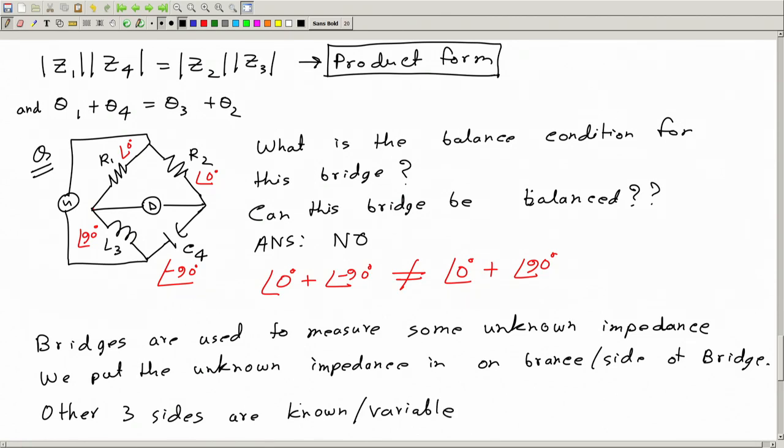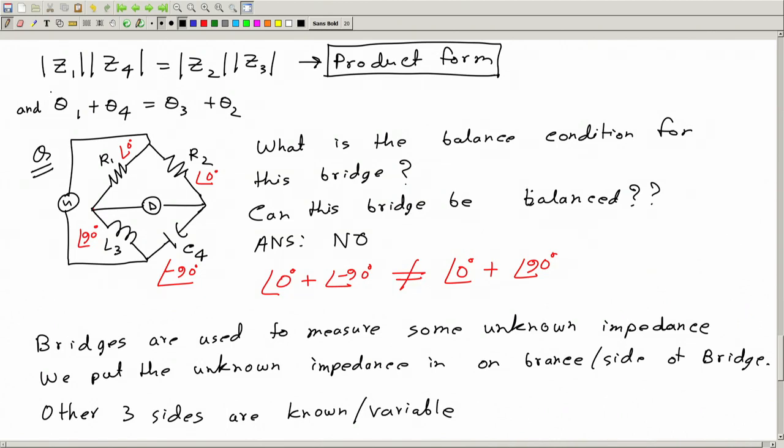So, other sides are known, variable, and then we vary the other three sides, find the situation where we get a null in the detector, and then from the balance equation Z1 by Z2 same as Z3 by Z4, we can find the value of the unknown impedance, because three impedances are known, one is unknown. So, we can find the unknown one.